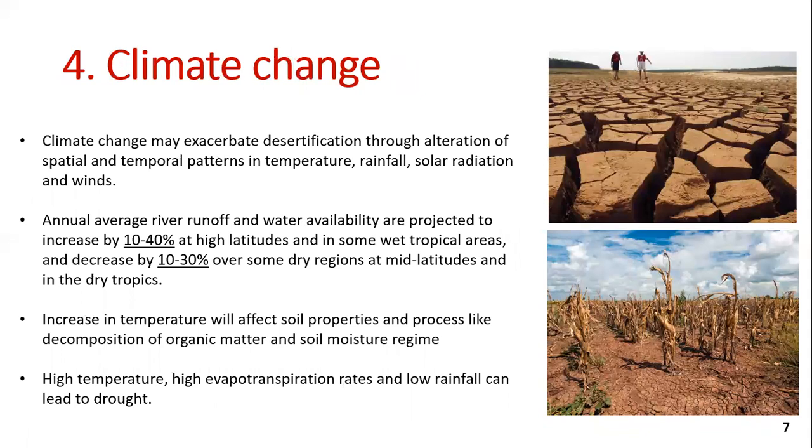Climate change is another thing which has been seen in various parts of the world. When there is climate change, there will be a change, for example, in the temperature, rainfall, and solar radiation patterns. Because of these changes, some areas receive lots of rain, which can cause floods and erosion.